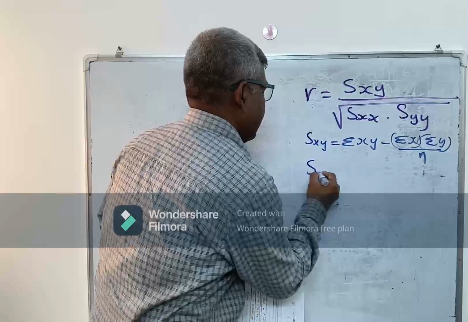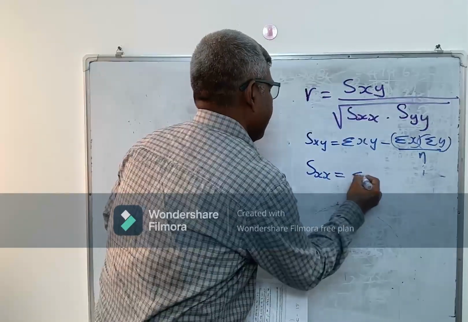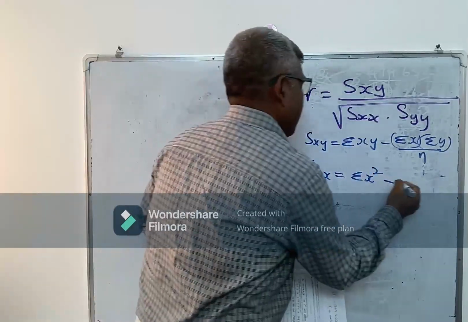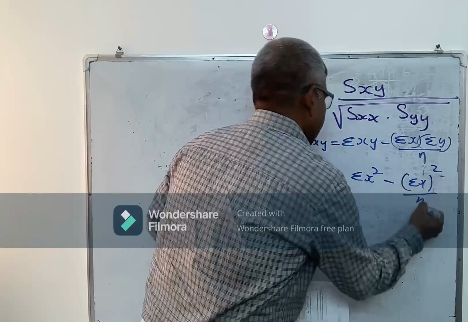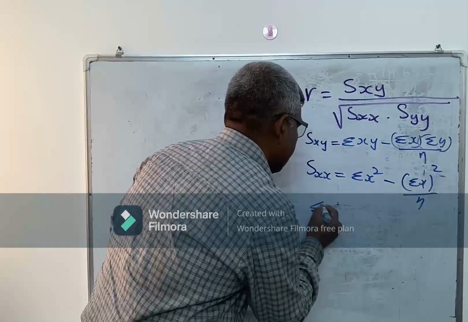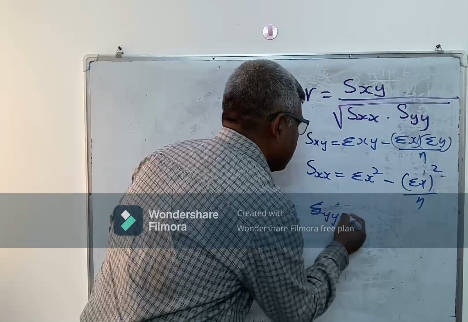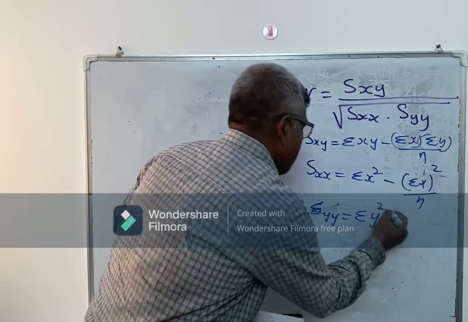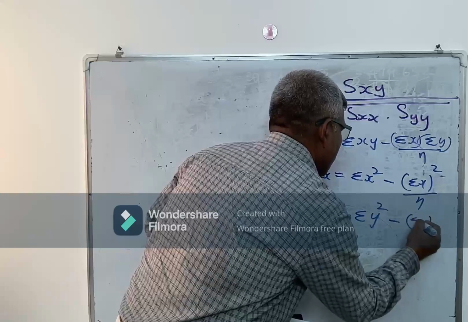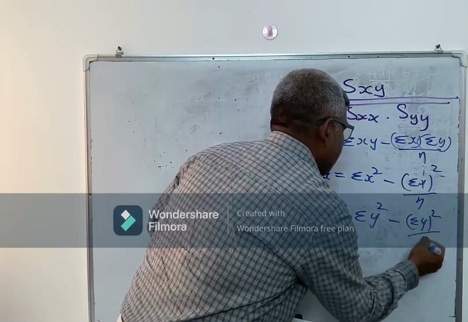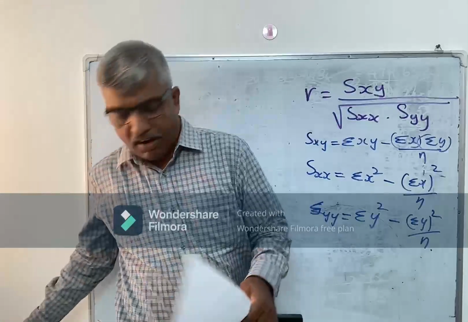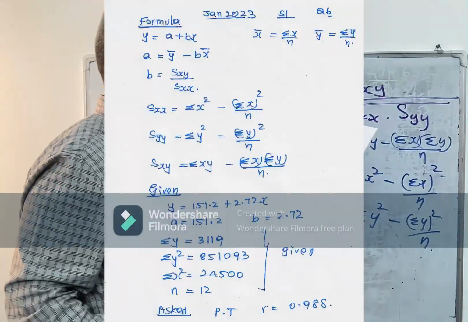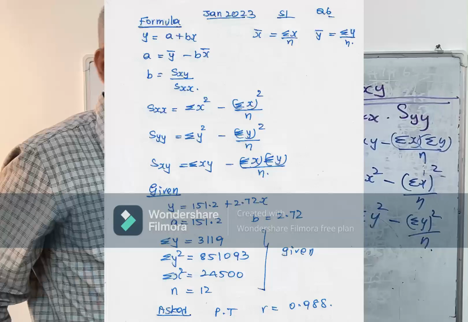What is Sxx? Sigma x squared minus the square of sigma x over n. What is Syy? Sigma y squared minus the square of sigma y over n. Right? Now we have to find r and prove that it is 0.988.